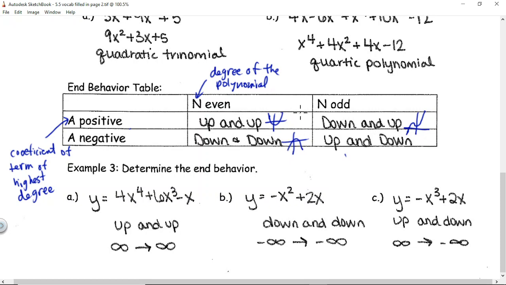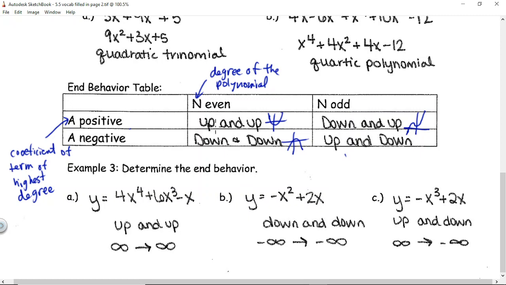And by the way, I should also mention ones that have even n can also have some ups and downs. Our example that I drew in here does not, but you could have something like this, and it kind of does a W-like thing, and ends up going up when you go to the left and up when you go to the right, but has ups and downs in between.